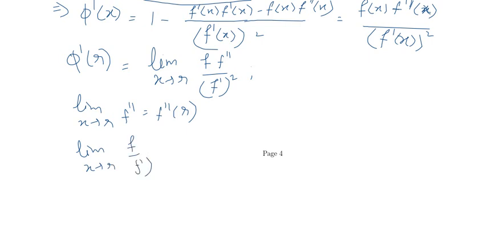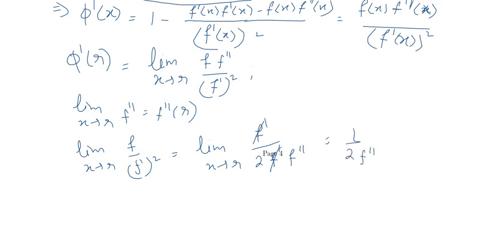Let's calculate this. Now it's a 0 by 0 form, so certainly you have to apply L'Hospital rule. That is equal to limit x tends to R of f dash divided by 2 times f dash times f double dash. Now this f dash will get cancelled, and you know that the limit of this is equal to 1 by 2 times f double dash.